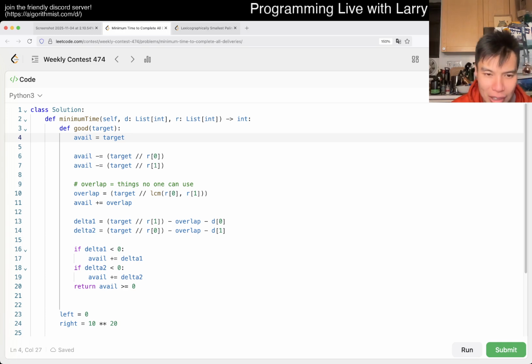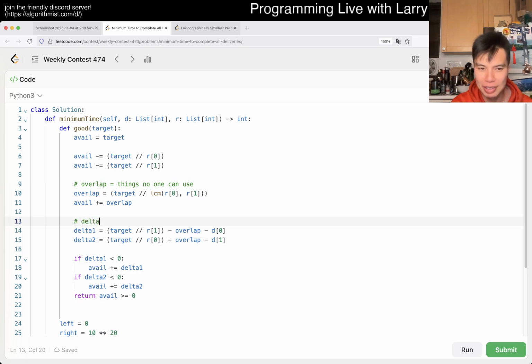Is that the best way? Okay, so let's actually go over delta first, right? So overlap, things no one can use. I think there's no disagreement there. Delta 1 and 2 are the same, which is what we said, the recharging period of the second robot that we can greedily use for the first robot, right?